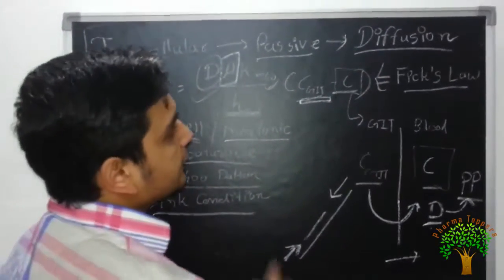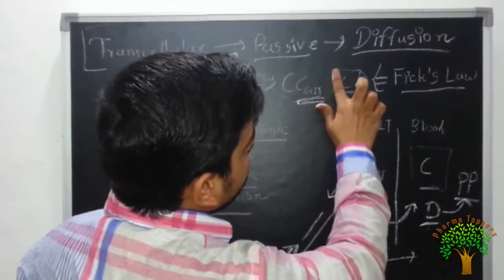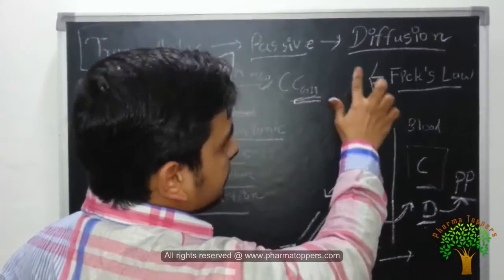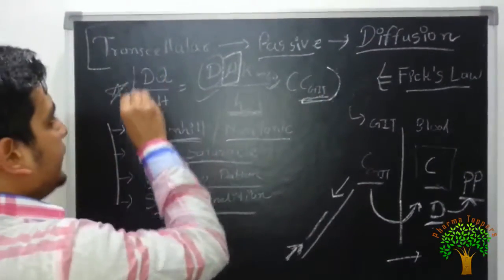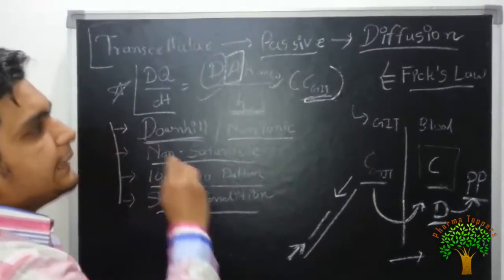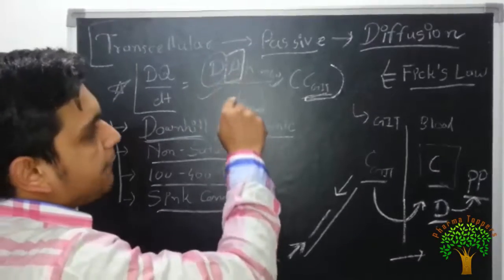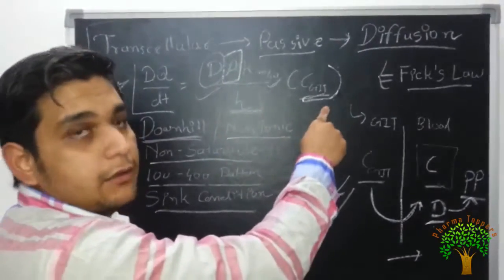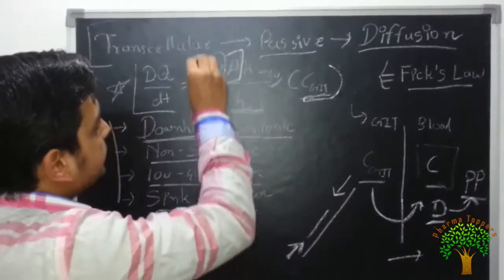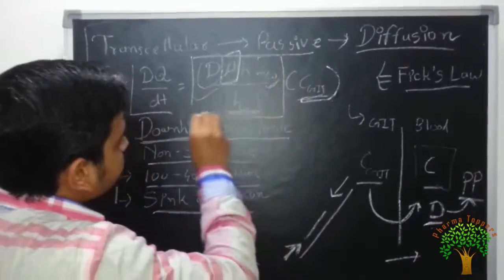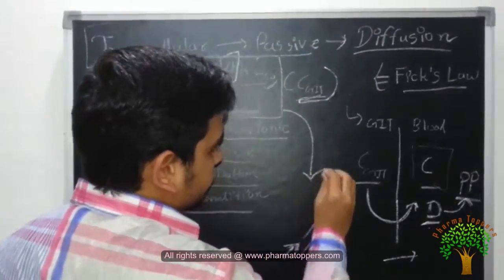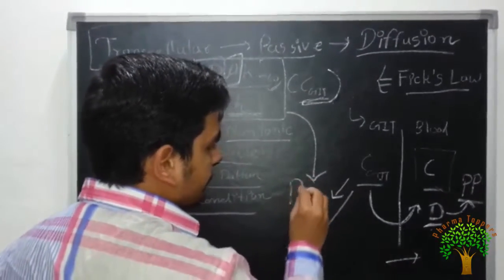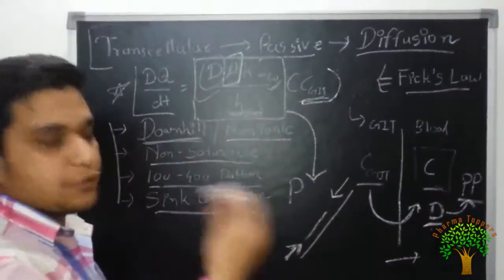So when I consider this part continuously zero, then the equation becomes like this: the rate of diffusion is directly proportional to DAK by h times C_GIT. If I consider this whole thing as one constant, and I call this constant the permeability P, because all these parameters are based on permeability.